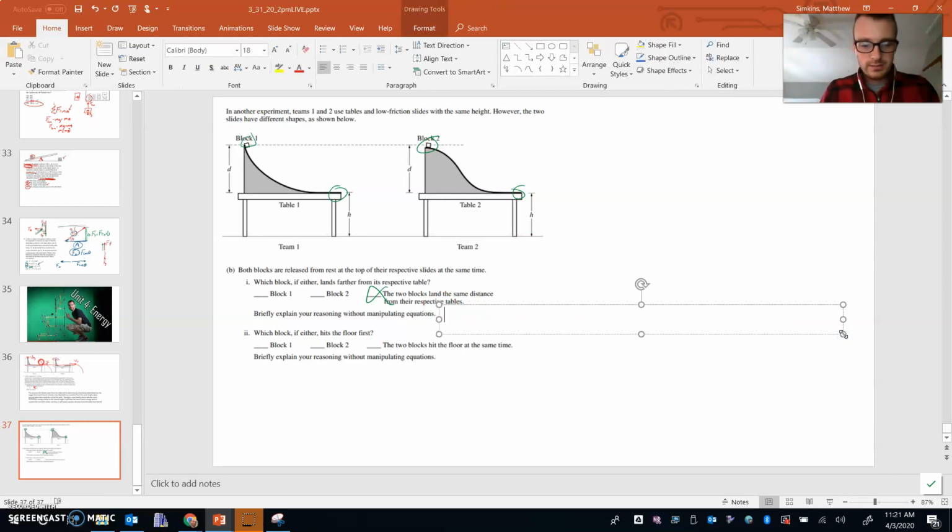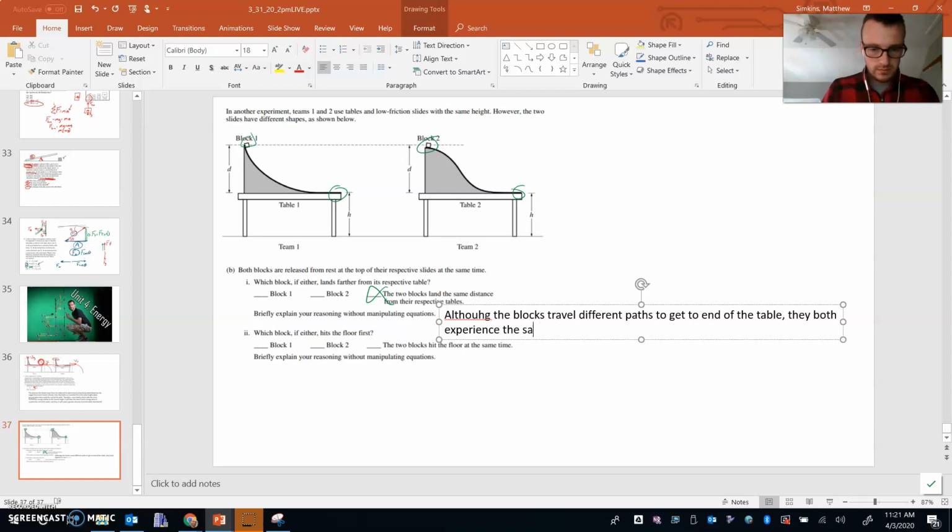So maybe we can say something like, although the blocks travel different paths to get to the end of the table, they both experience the same change in UG. You are allowed to abbreviate if it says briefly, especially.